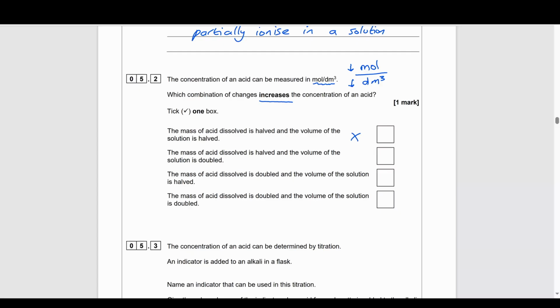Number 2. The mass of the acid dissolved is halved, so decreased, and the volume is doubled. Will that cause an increase in the concentration? Well, both things are doing the opposite, so it's not going to increase the concentration, it's just going to stay where it is. So that's not correct.